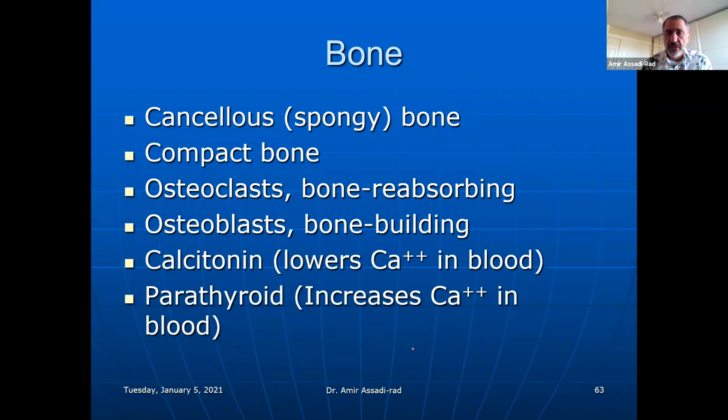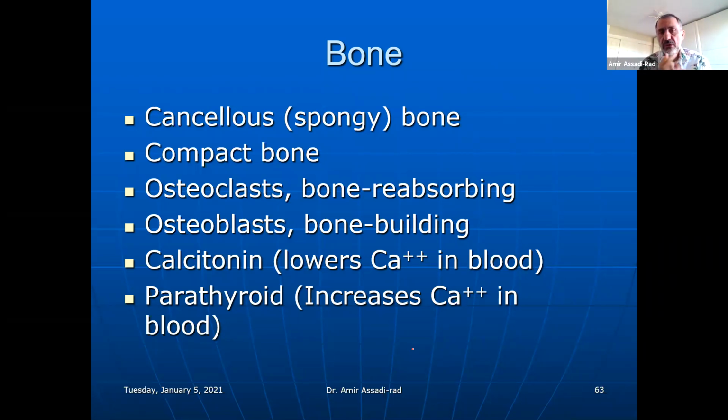These parathyroid glands release the hormone parathyroid hormone, which increases the calcium level in the blood by breaking down the bone. So the level of calcium in your blood fluctuates, low and high, low and high, low and high. Of course, your diet is involved as well, and your kidney. I'm giving you just a small snapshot of what's going on.